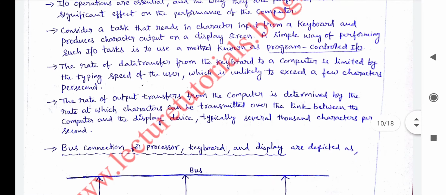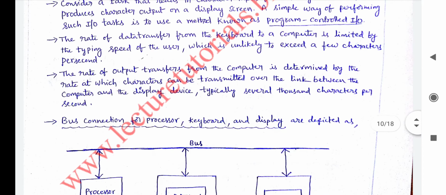The rate of data transfer from the keyboard to a computer is limited by the typing speed of the user, which is unlikely to exceed a few characters per second.